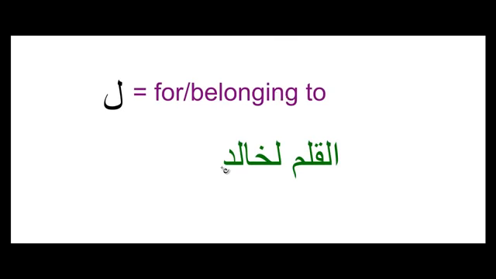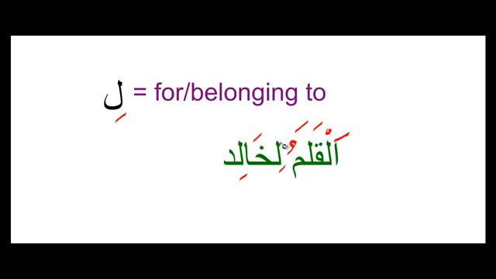So the first one is lam, or li, and it means for or belonging to. So for example, here we have al-qalamu, li Khalid. Now for this dal, the question is, what do I put here? Okay, I put dhamma at the end of qalam because it's the default.